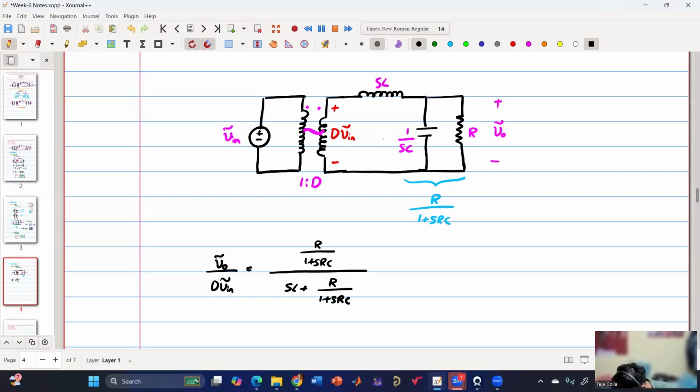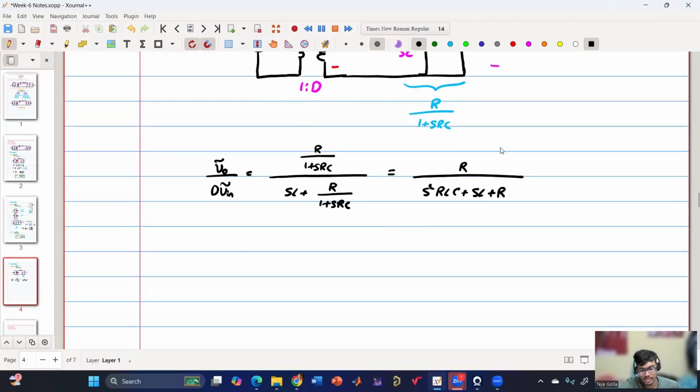Now if we multiply by 1 plus SRC in the numerator as well as denominator, we'll get R by S square RLC plus SL plus R. And if we bring the D this side, we'll get something like this.